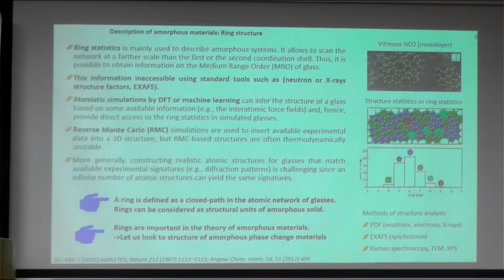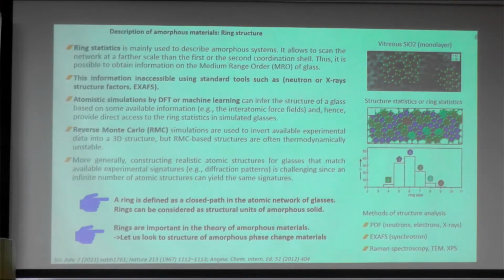And they found a very nice thing: this SiO2 consists of rings of SiO, and you see here large rings and small rings. This is one feature of amorphous solids.